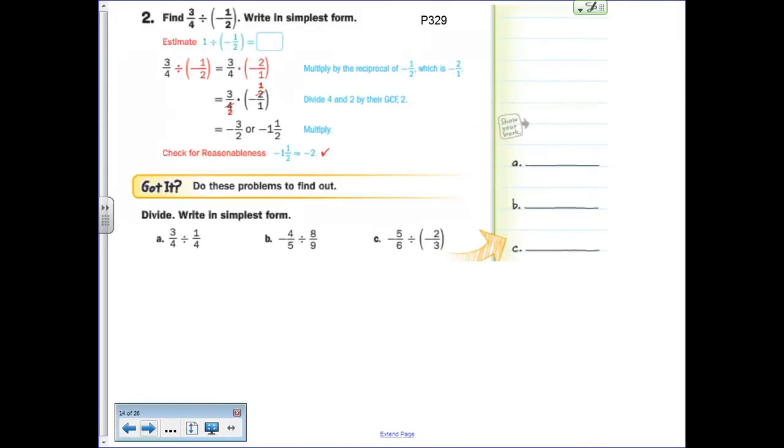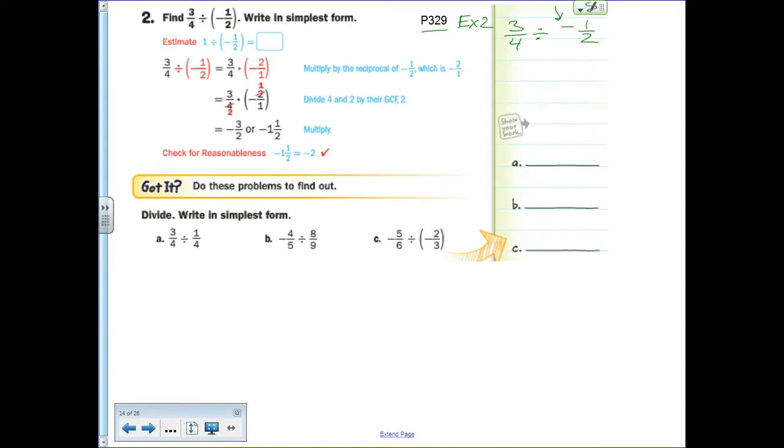Take a look at example number 2 on page 329. It says 3/4 divided by -1/2. First thing you want to note here is the negative sign in the divisor. We know in division, just like with multiplication, same signs positive and different signs negative.